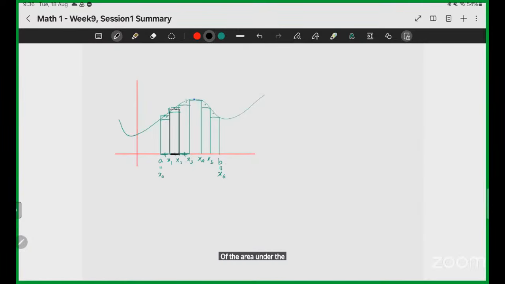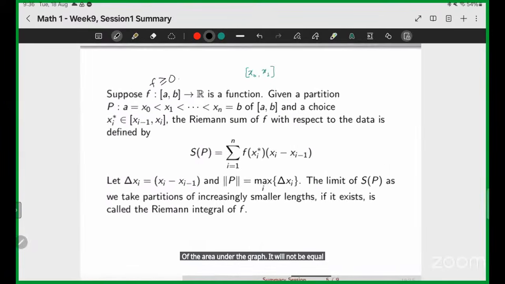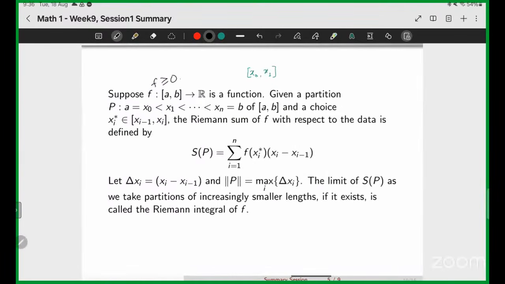It will not be equal. But if I look at the length of each subinterval, the largest possible length of a subinterval in your partition is called the size of the partition, or the norm of the partition.